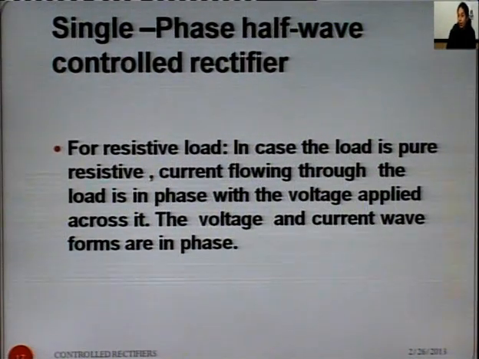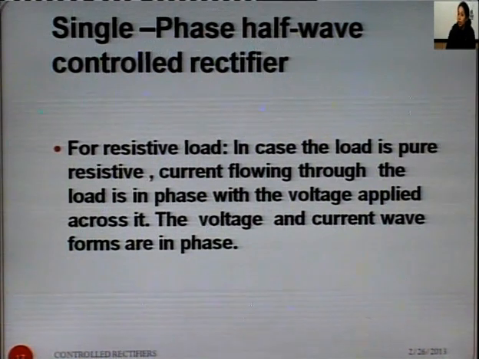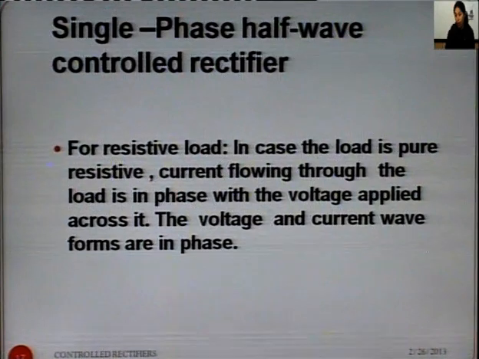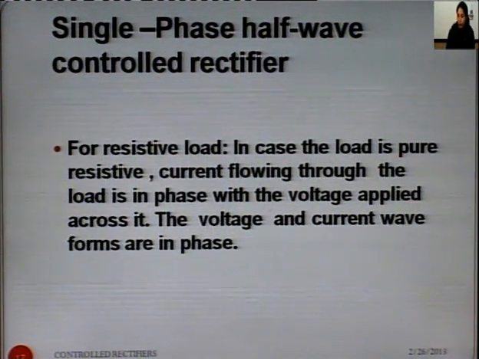You can say the voltage and current waveforms are in phase for a resistive load, and in case of an inductive load, your current waveform is lagging behind the voltage by some angle. These are the phasor diagrams of resistive and inductive load. In case of a resistive load, current and voltage are in phase, but in case of an inductive load, your current phasor is lagging behind the voltage phasor.